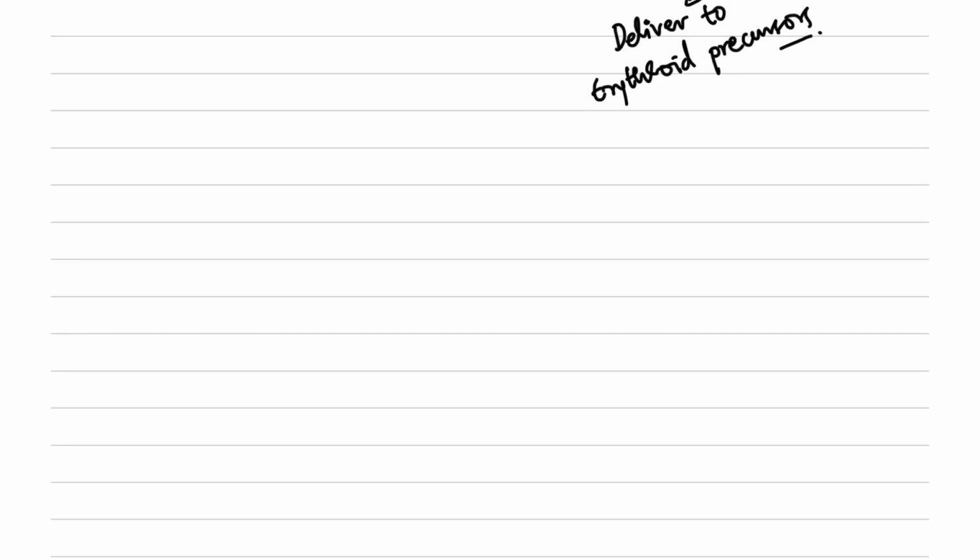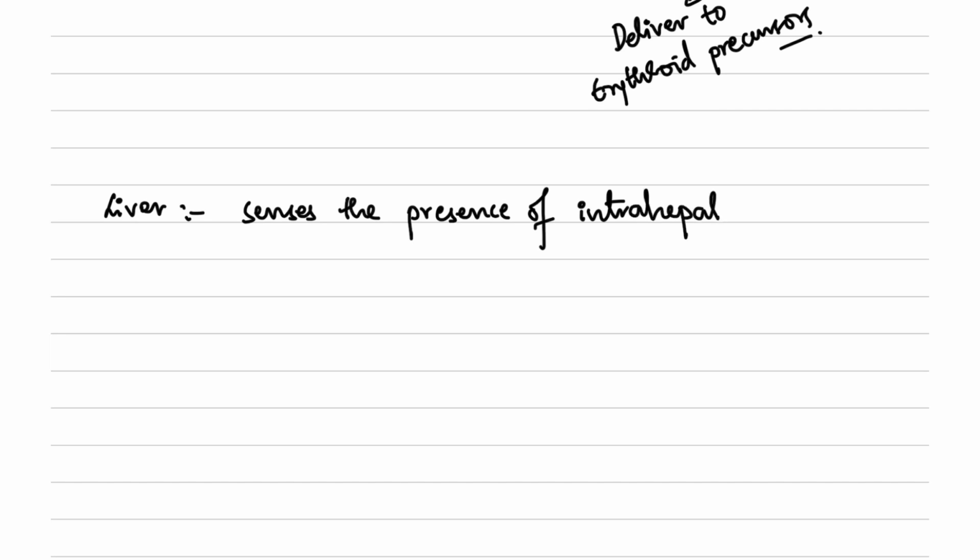Now we have liver. Liver is the major boss here. Liver senses the presence of intrahepatic stores of iron. It knows how much iron is stored in the liver.